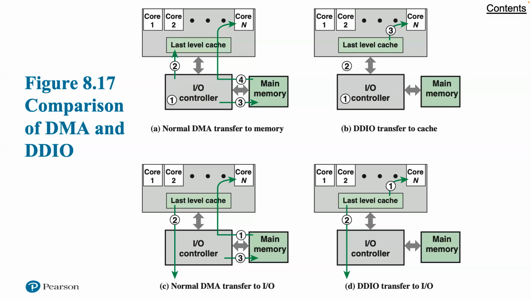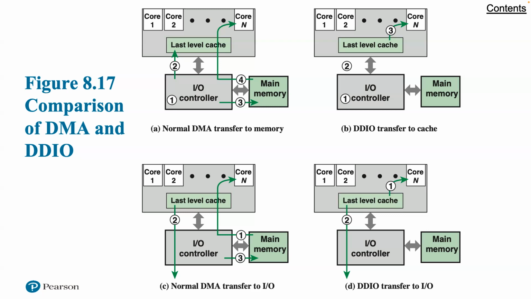The DDIO strategy is effective for a network protocol application because the incoming data need not be retained for future use. The protocol application is going to write the data to an application buffer, and there is no need to temporarily store it in a system buffer. So figure 817B shows the operation for DDIO input.